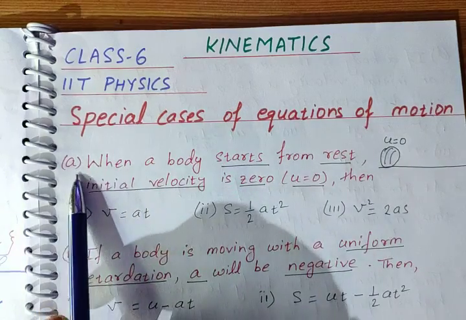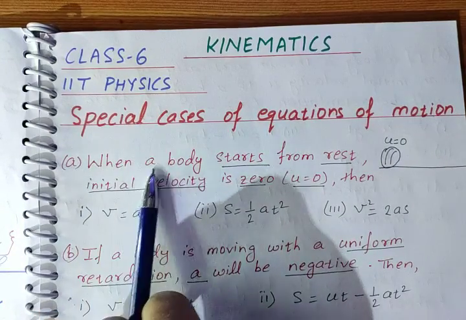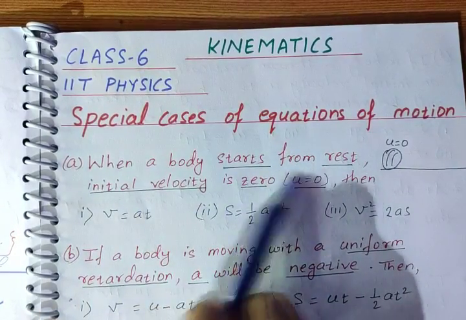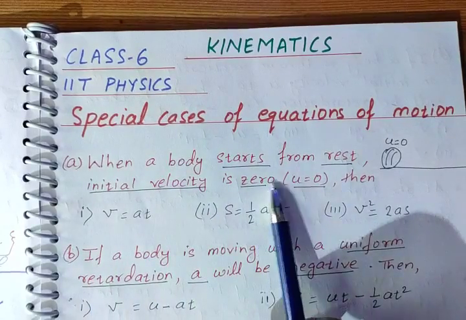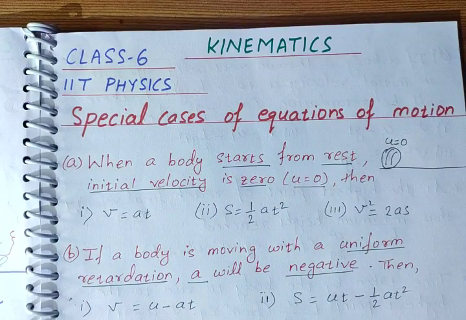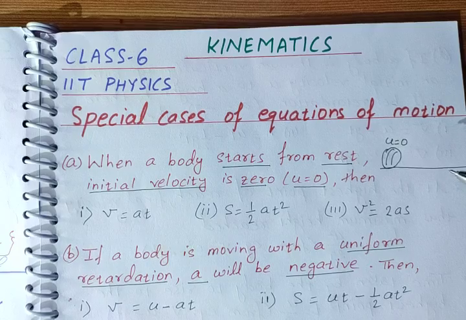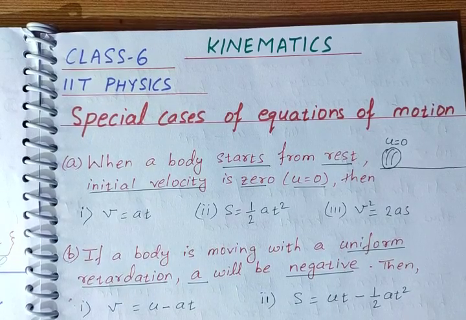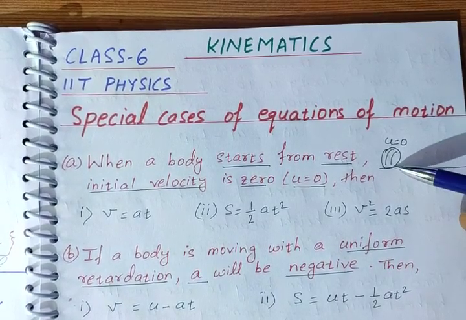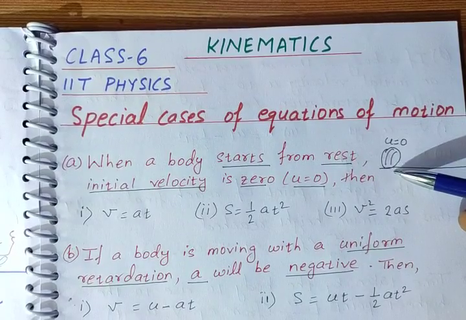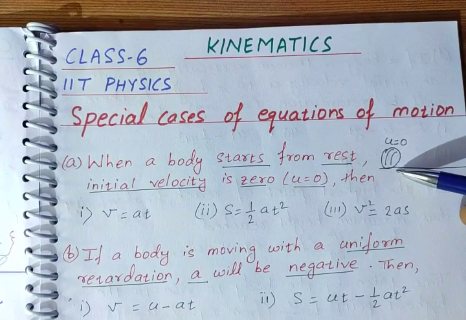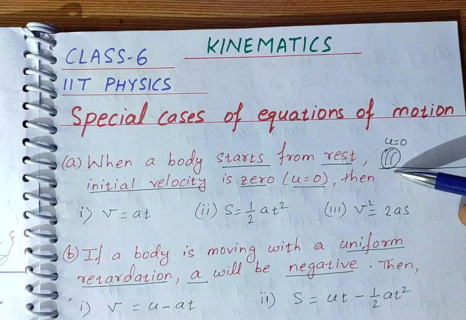So the first case is when a body starts from rest, initial velocity is 0, u is 0. Whenever a body is in rest position, suppose you can see this ball, this ball is in rest position. A state of rest means there is no movement, no motion.